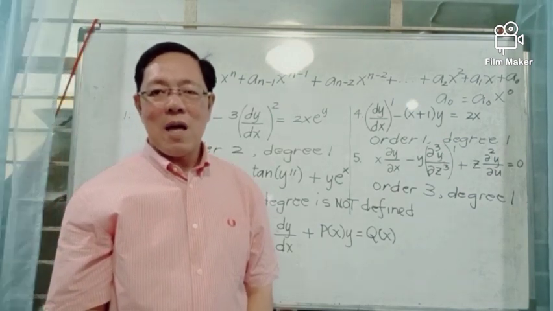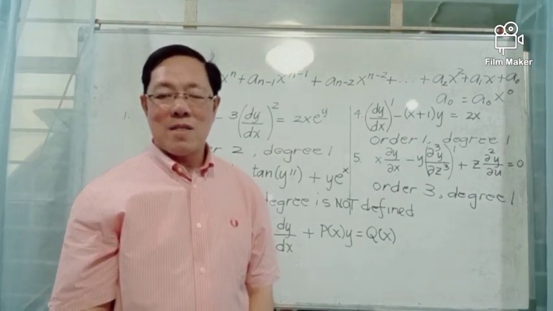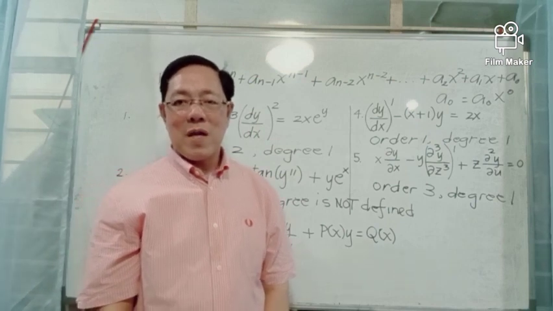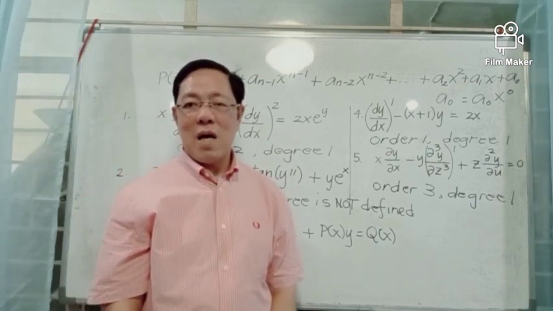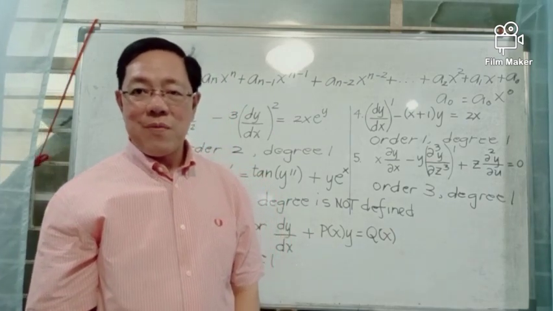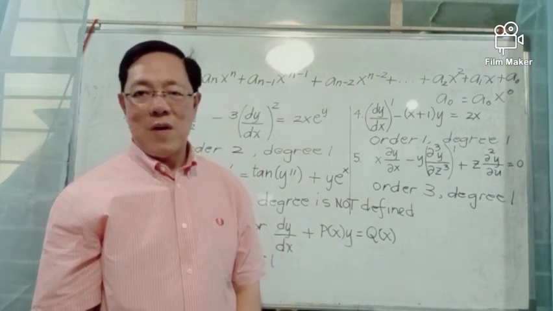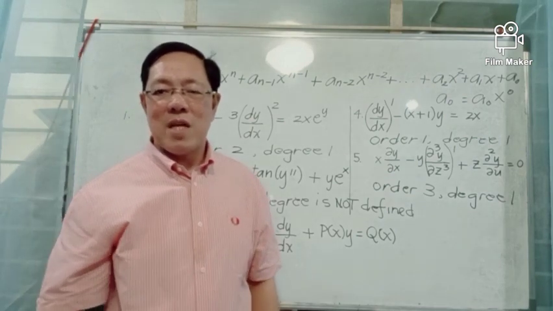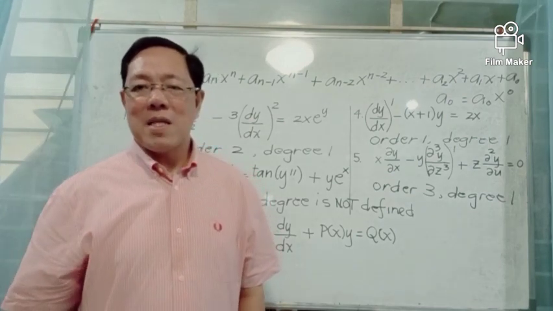And not every differential equation has a degree. Only those differential equations that can be written as a polynomial equation in the derivatives of the function involved can have a degree.